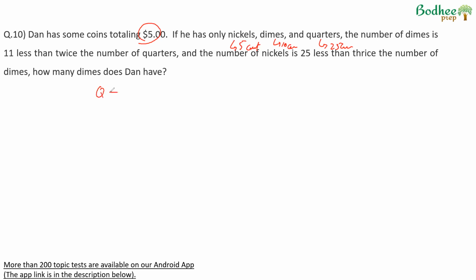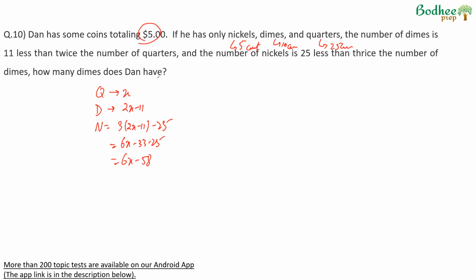Suppose the number of quarters is x. The number of dimes is 11 less than twice the number of quarters, 2x minus 11. And the number of nickels is 25 less than thrice the number of dimes. So 3 into 2x minus 11 minus 25. This comes out to 6x minus 33 minus 25, or 6x minus 58.